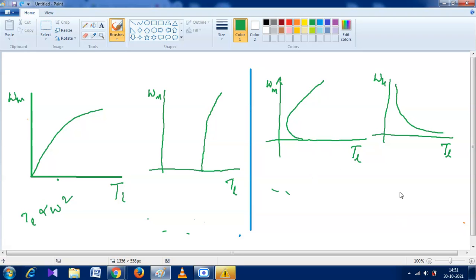And in case of figure 4, where the power is actually constant, you can say the power of this type of system is constant.